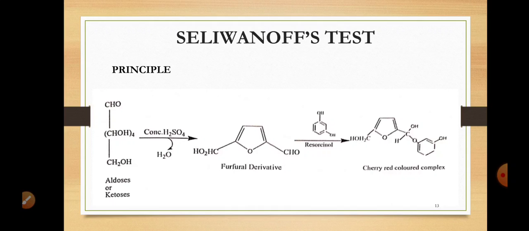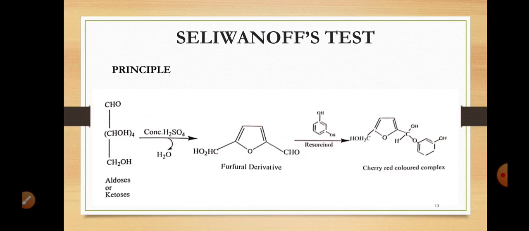You can see there, here we have mentioned H2SO4, but it should be concentrated HCl. When the aldose or ketoses are treated with the concentrated HCl, dehydration followed by furfural derivative formation occurs, which in turn on reaction with resorcinol will yield the cherry red colored complex.